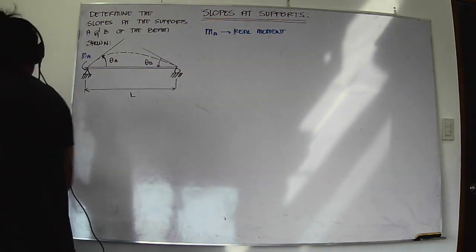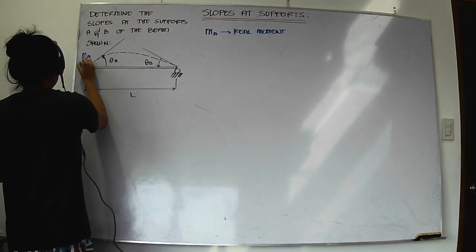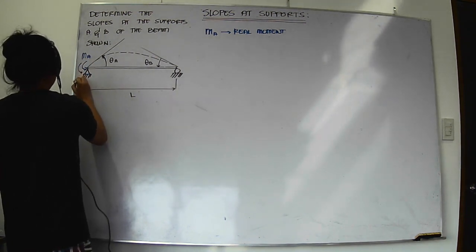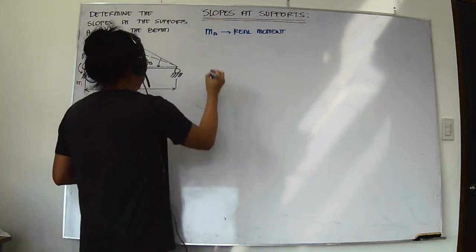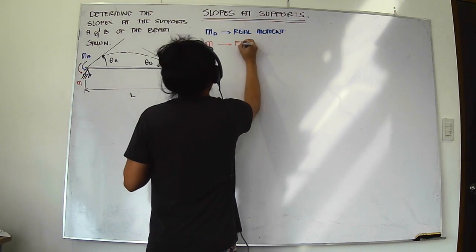Whereas we will add a fictitious load, I'll just call this small m. Small m is our fictitious moment.